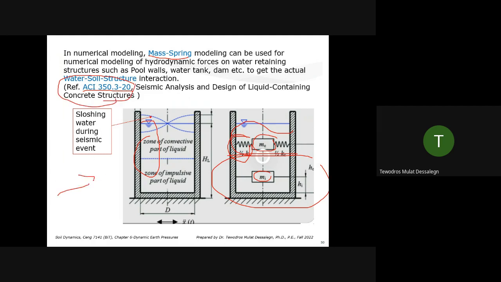If you have to design a pool or a tank with water and see the effect of the water with a dynamic input, you can represent the water with a spring and a mass. You can divide the water into two: impulsive mass and convective mass. Convective mass is with a spring because it's flexible. The impulsive mass is rigidly attached, and you can design it more if a need arises.